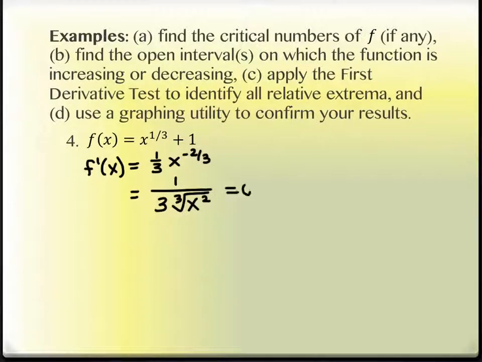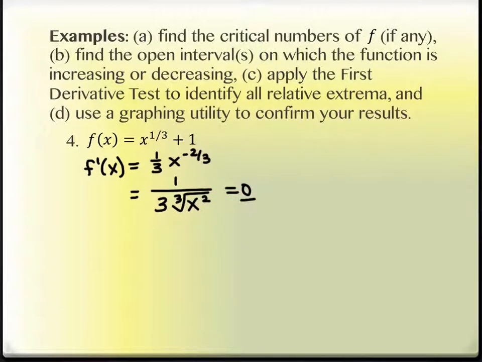If I'm setting this equal to 0, it can't. This can't equal 0. How would I solve that? Well, one way you might think to solve it is to cross multiply. But if you cross multiply, do you see what's going to happen? The x's are going to go away. There's not going to be a variable left in the function.